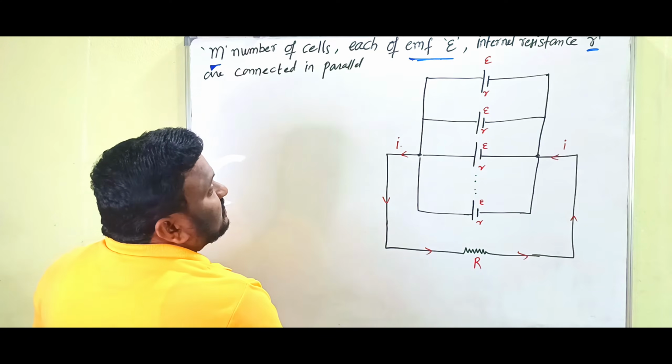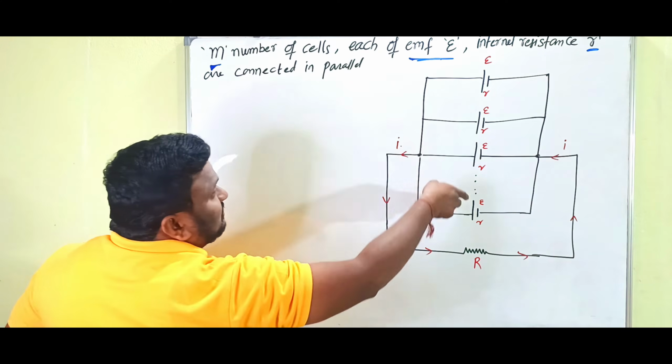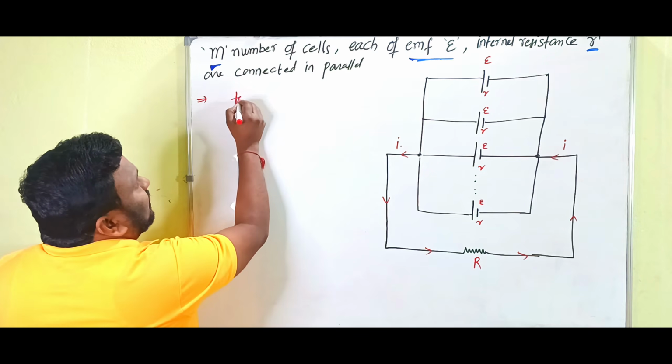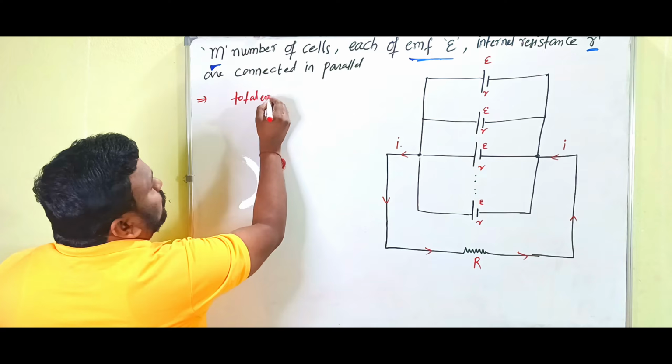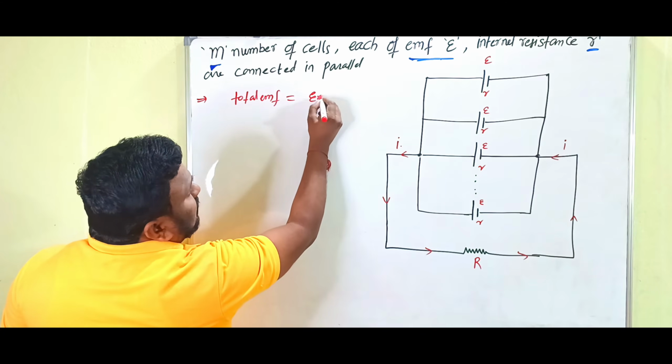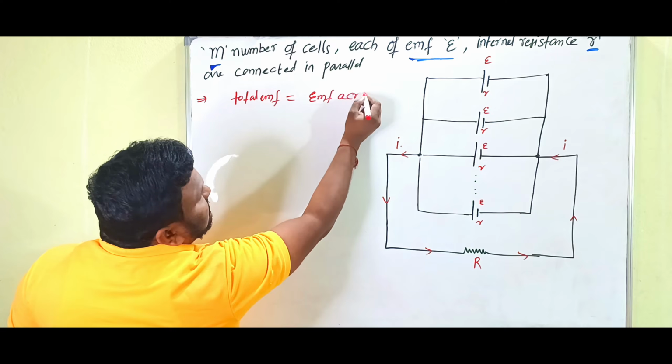So dear students, here these cells are in parallel. That's why the total EMF in the circuit must be equal to the EMF across every cell.